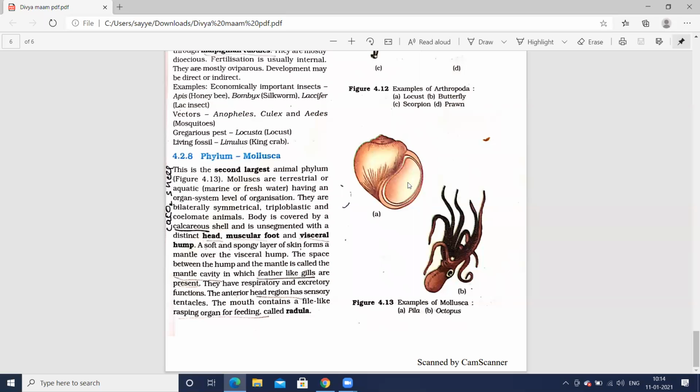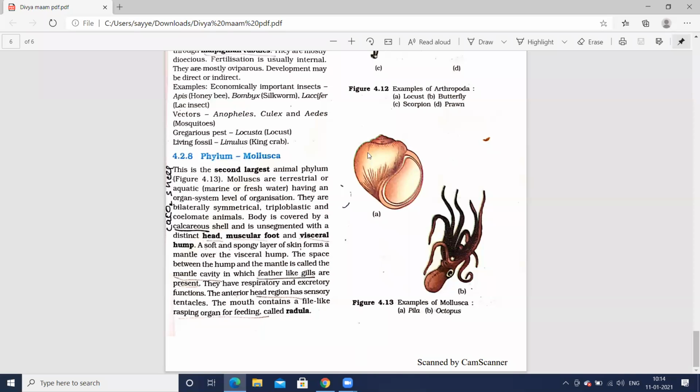Is this a hump? No, ma'am. Is this a hump? No, ma'am, this is not the hump. This is the head. This is the muscular foot.